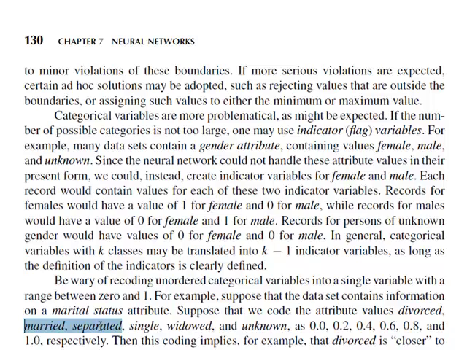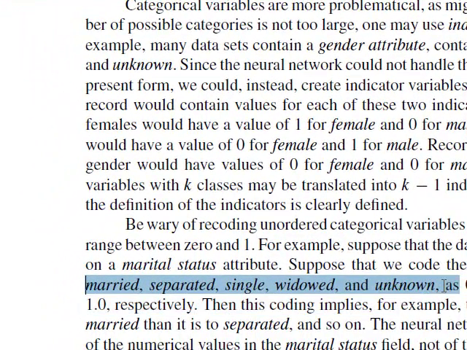So we have a single variable called marital status, and for some people the marital status will be married, for some other person the marital status will be single, and so on. We might want to recode these to numbers, in fact numbers between 0 and 1. So we might say, okay, let's say divorced is 0, married is 0.2, separated is 0.4, single is 0.6, and so on.